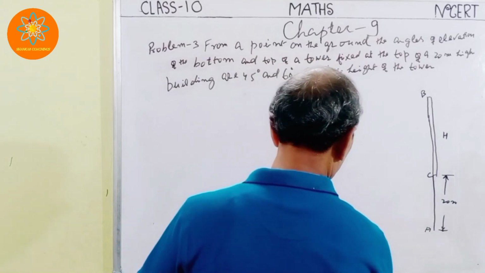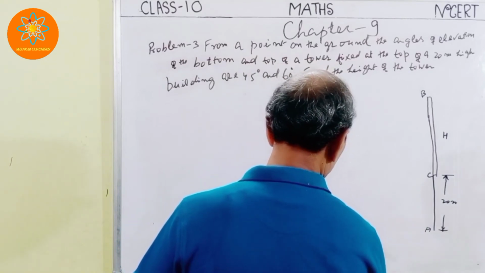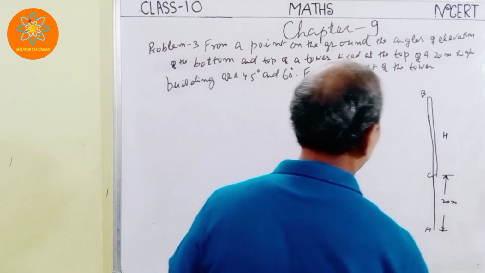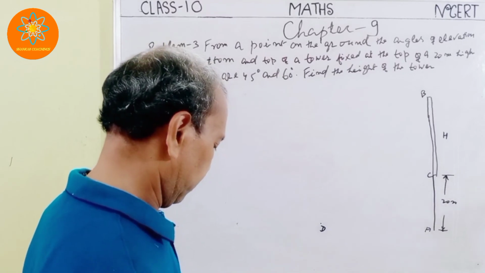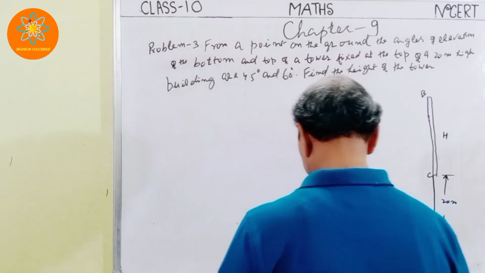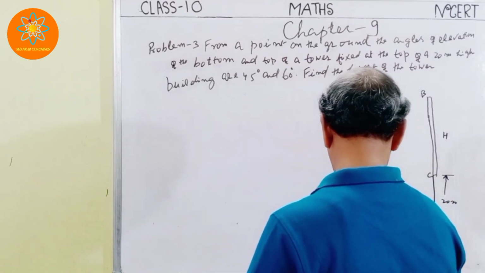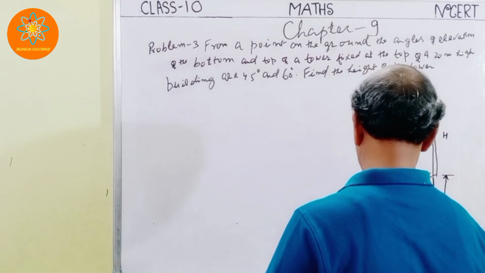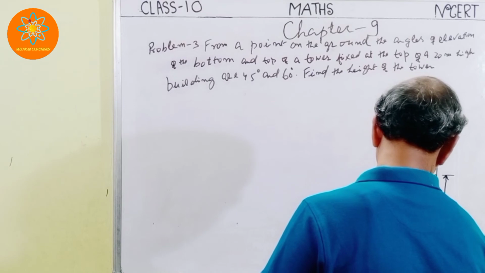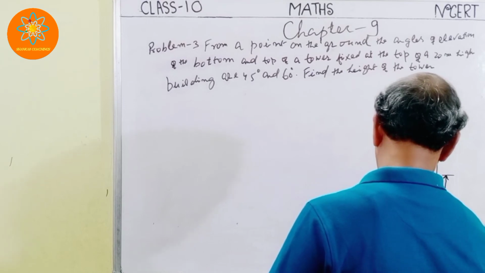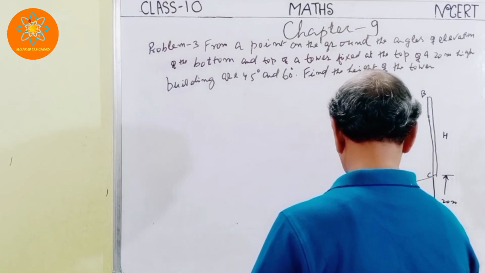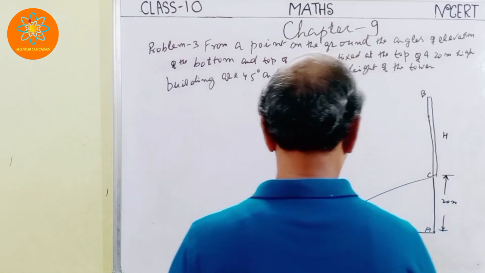Let's suppose this distance is D. Okay. So, what are the angles given here? This angle is 45 degree.